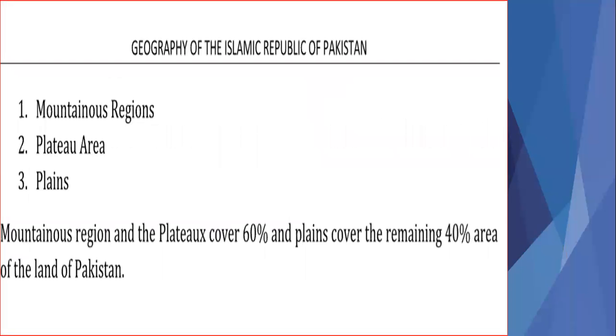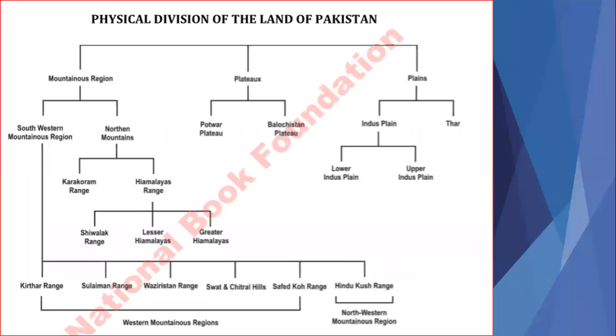Number one, mountainous region, number two, plateau area, number three, plain. These are the three major landforms of Pakistan. The mountainous region and plateau cover 60%, which can be asked in MCQs, and plain areas cover 40% of the total land of Pakistan.